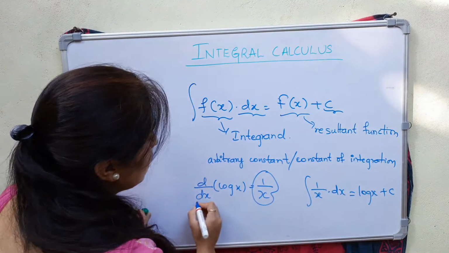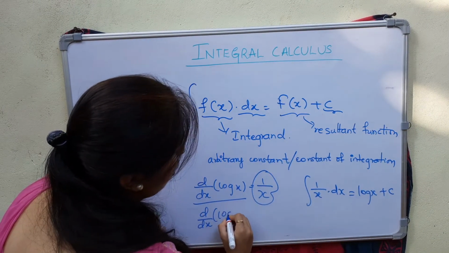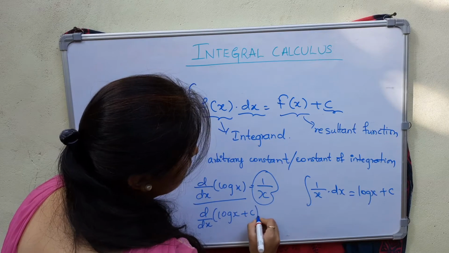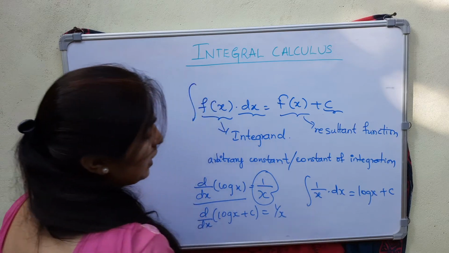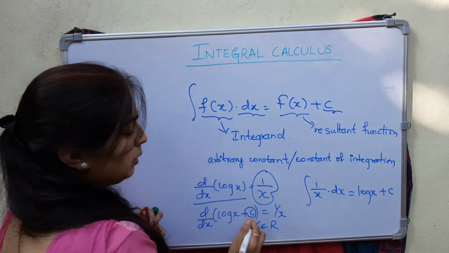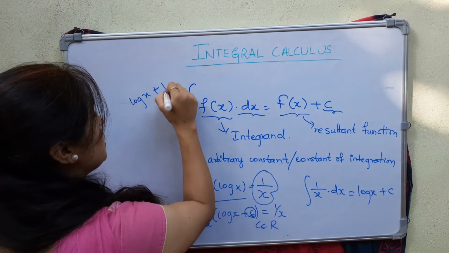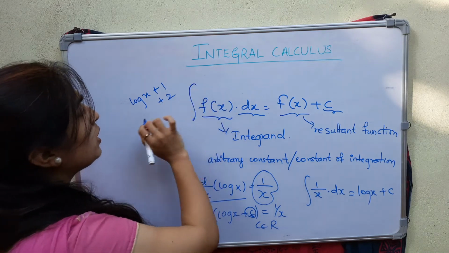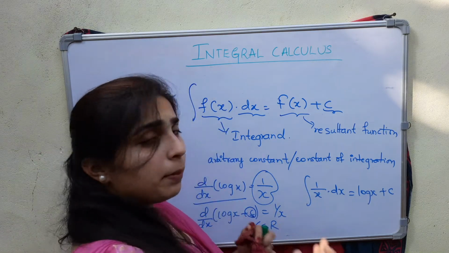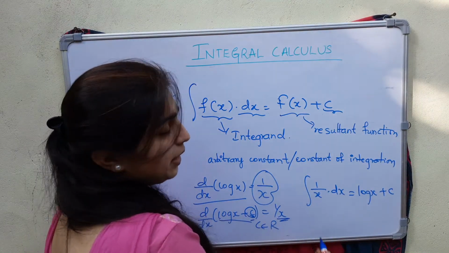Instead, I can also write d by dx of (log x plus c), which also equals 1 by x. This c belongs to R, a real number. I can have log x plus 1, log x plus 2, and so on. We will have many constants like this, and for everything I get 1 by x.